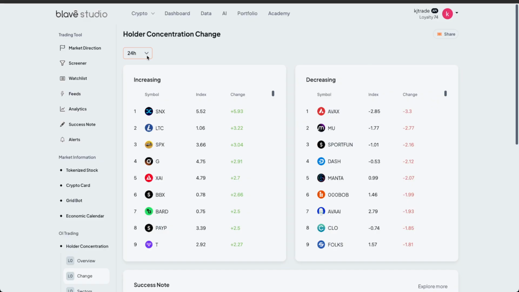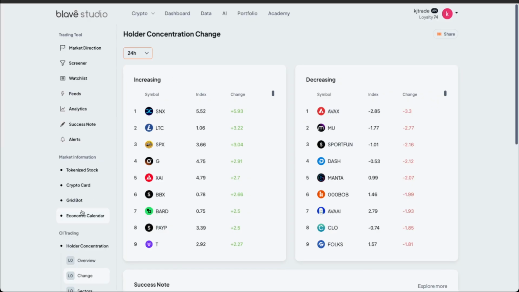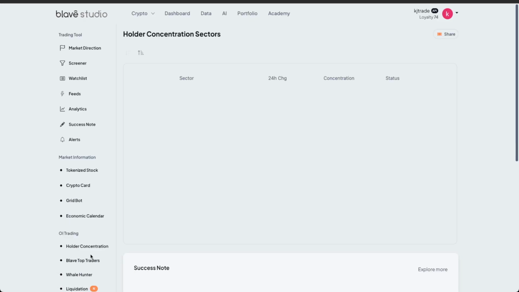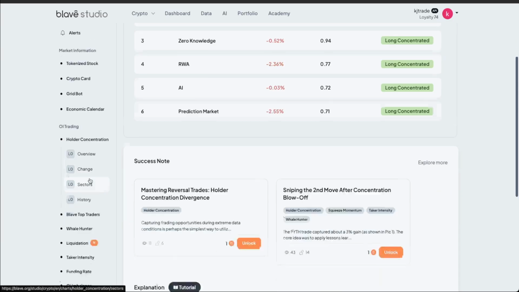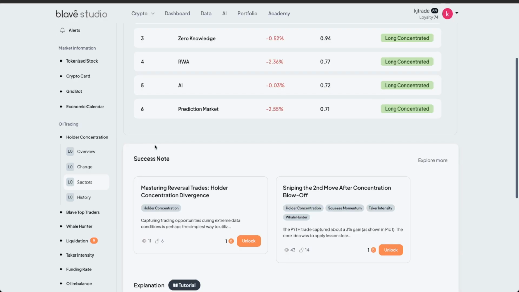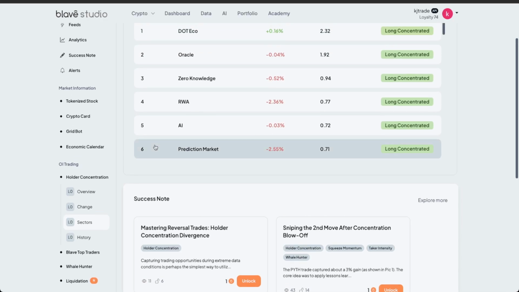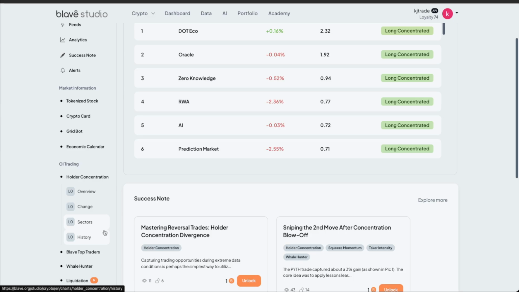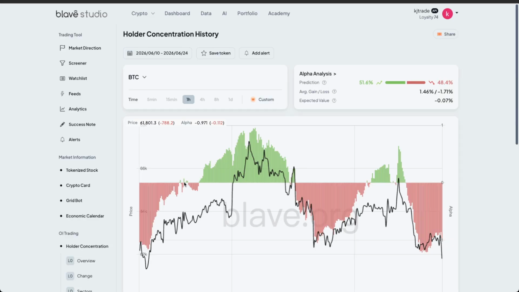You can change the time frame here as you wish, and the status page as well. So those are the four sub-pages of holder concentration you can use to scrutinize tokens for opportunities or directly observe a specific token's holder concentration change.